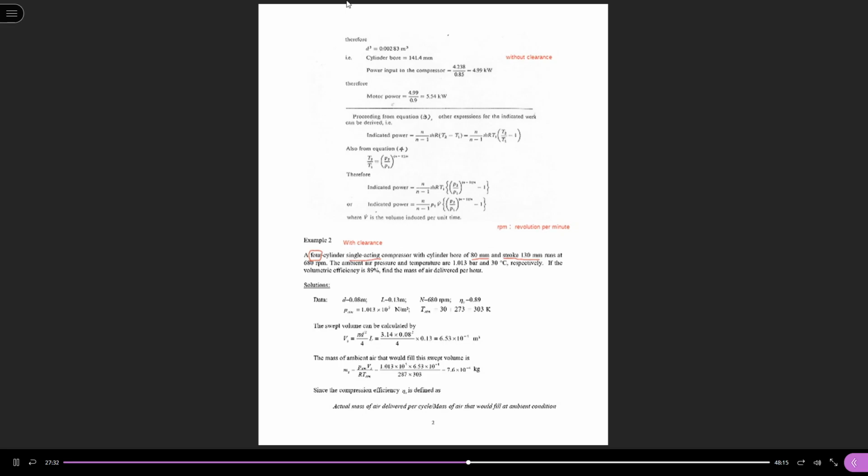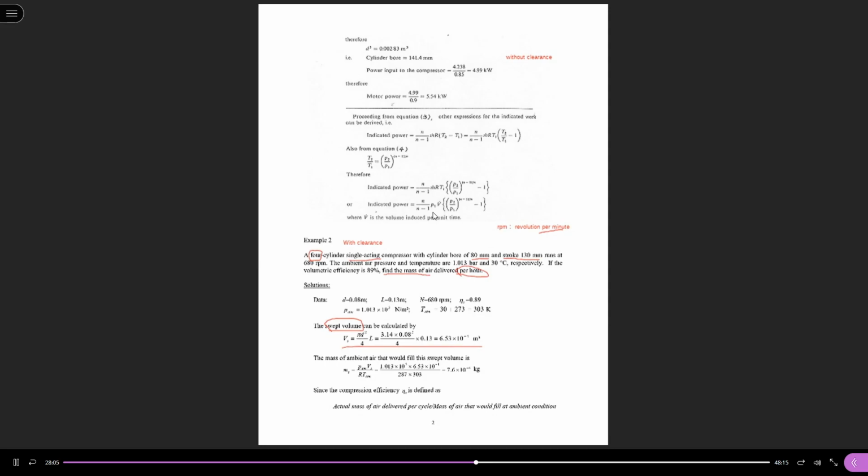Then let's see. For this cylinder, what's the mass of air that can be delivered per hour? Here is per hour, here is per minute. Then we need to calculate the swept volume from the given data, which is easy to calculate.